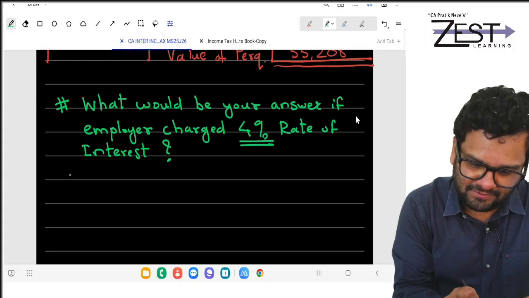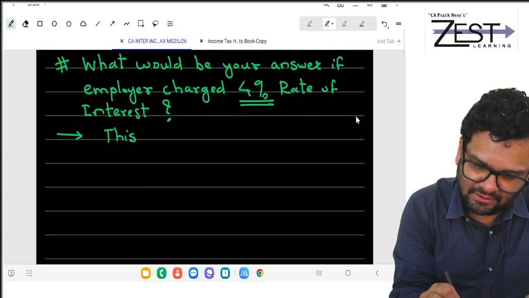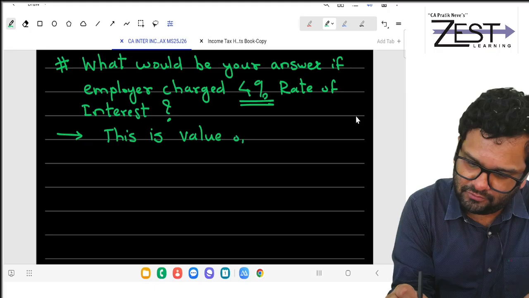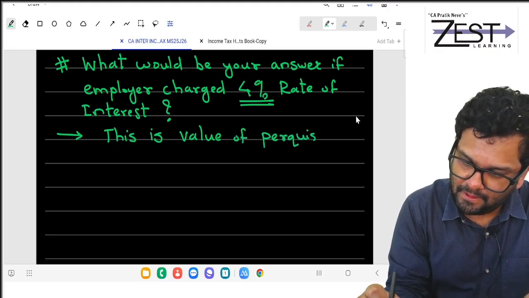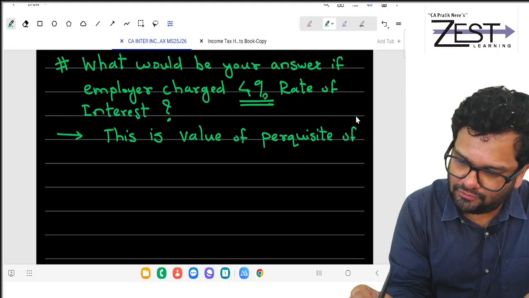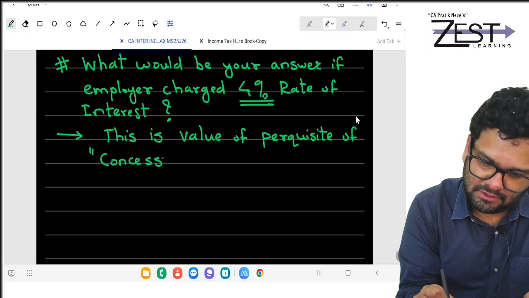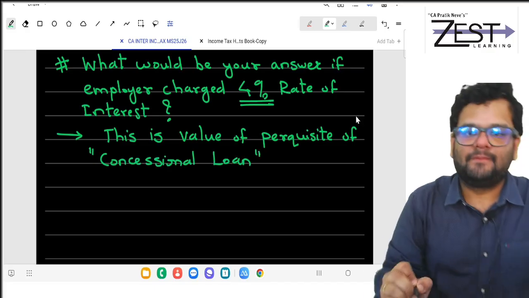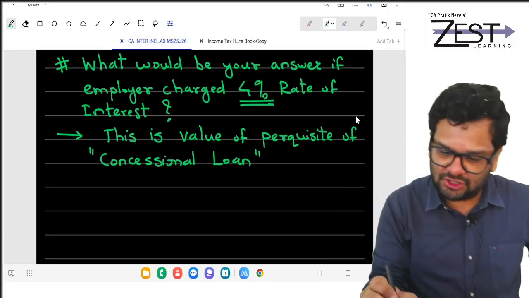So just write, this is the value of perquisite of concessional loan.